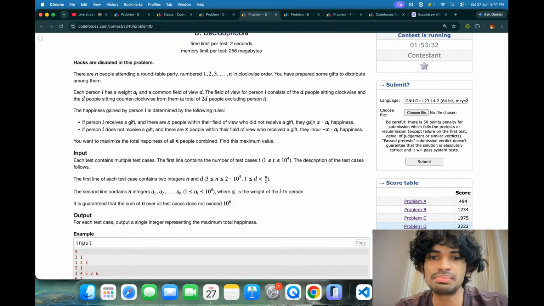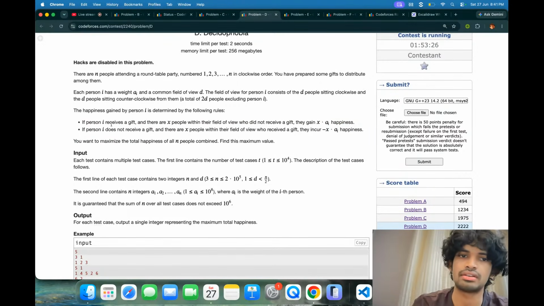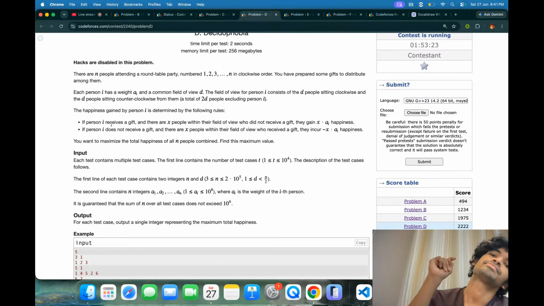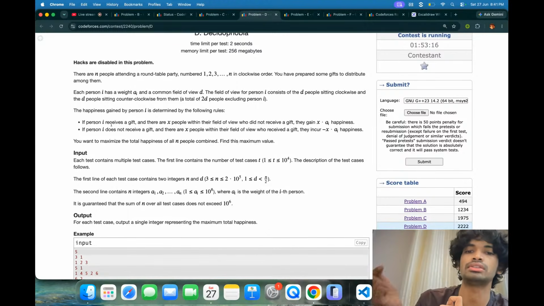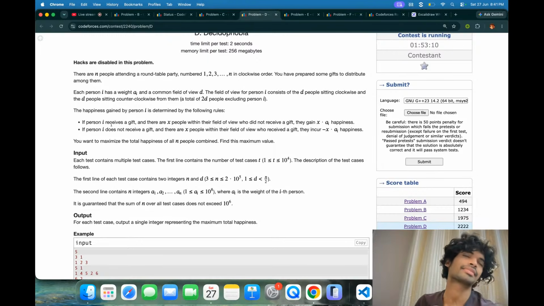So you can write this happiness as, if you see that pair from this guy to that guy, a field of view pair, you can write this X times Ai as Ai points in that direction.